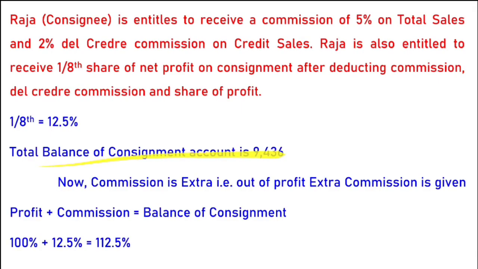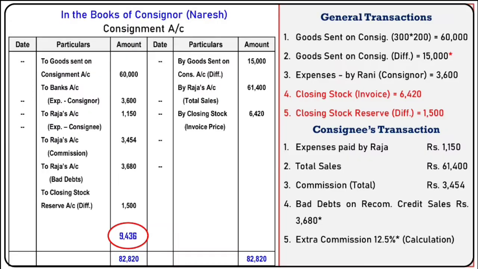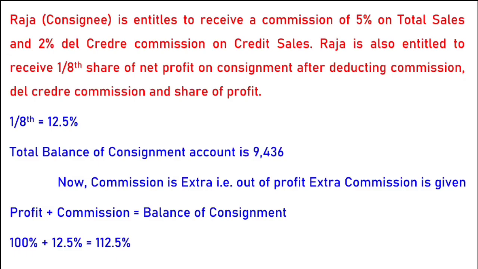See here, balance is 9,436. Now commission is extra, that is out of profit. Extra commission is given. So profit plus commission is equal to balance of consignment. તો જે આ 9,436 છે એના બે ભાગ થશે. એક કમિશન હશે, બીજું પ્રોફિટ હશે. કમિશન 12.5, પ્રોફિટ 100.